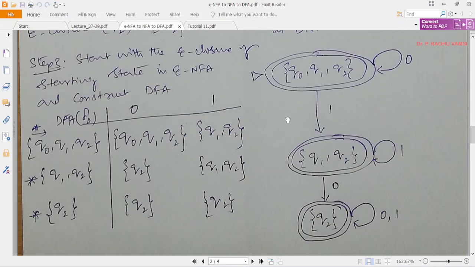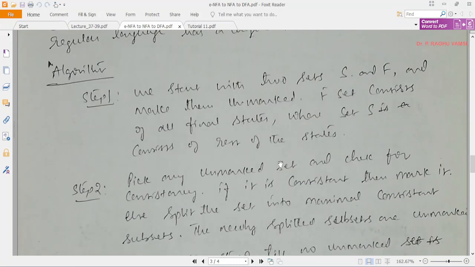So S, the non-final states set, will be empty, and the final states set will consist of A, B and C. So we start with two sets S and F and make them unmarked. F consists of all final states, and S consists of the rest of the states, that means non-final states.